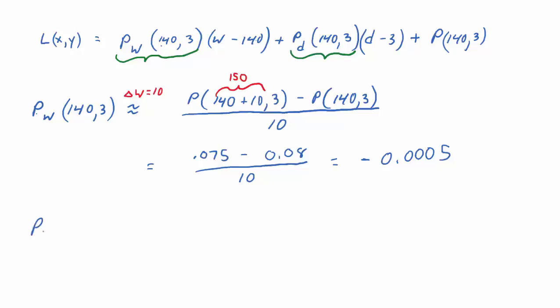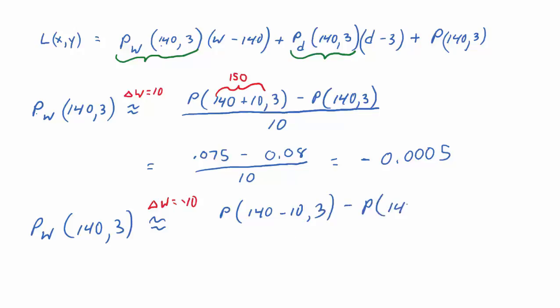So we're going to take a new estimate of the partial with respect to W by taking delta W equal to -10, so that the difference quotient becomes P of 140 plus a -10, comma 3, minus, again, P evaluated at 140 and 3. And then that whole thing divided by delta W, which is -10 this time.